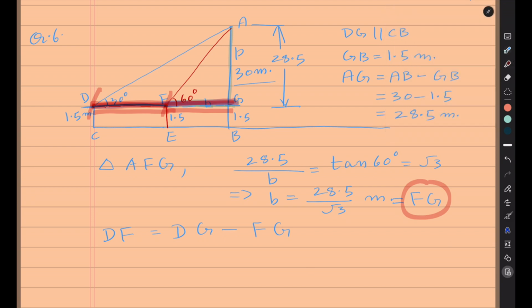But why can't we find DF? What is the problem? We know FG, but we don't know DG. So we need to know DG, and for DG, we need to concentrate on triangle ADG. In triangle ADG, we know this angle is 30 degree.